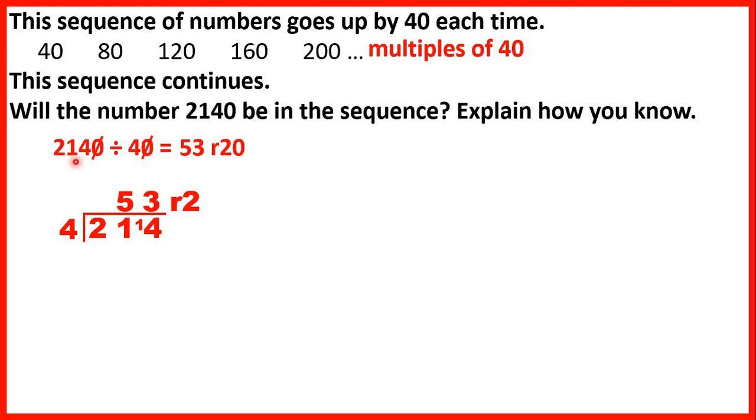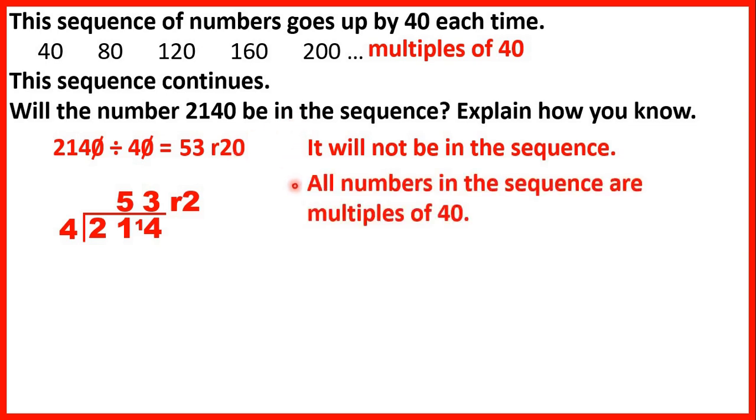So 2140 divided by 40 is 53, remainder 20, because 214 divided by 4 is 53, remainder 2. So because we get a remainder, it will not be in the sequence. All numbers in the sequence are multiples of 40, and 2140 is not in the 40 times table.